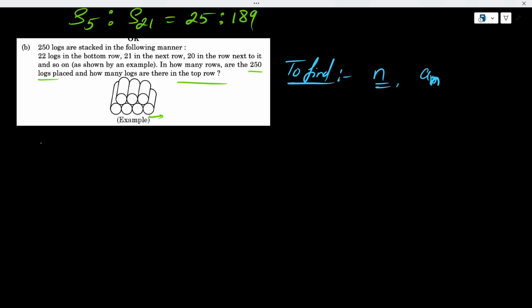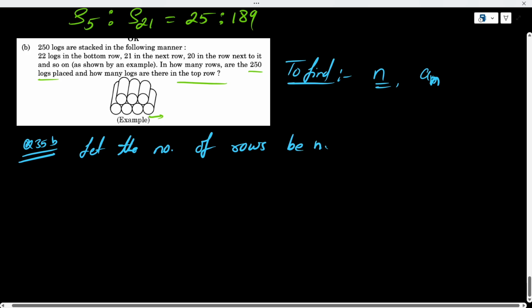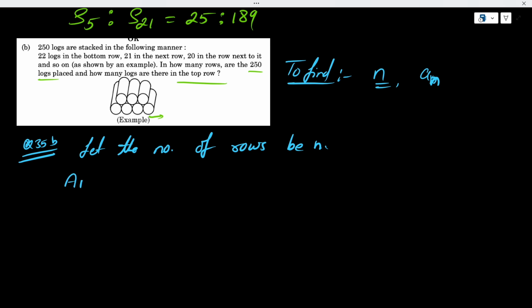This is question number 35b, right? Now let the number of rows be n, because if there are n rows in total, then what is going to be your AP? The bottom row has 22 logs, then 21 logs, then 20 logs, and so on.